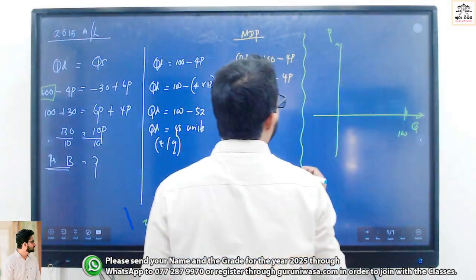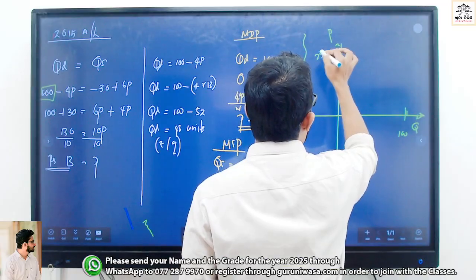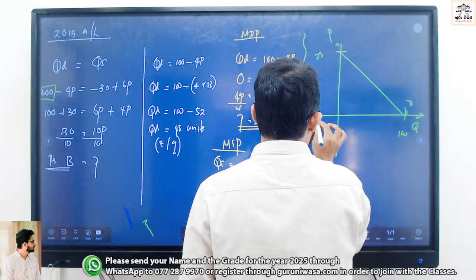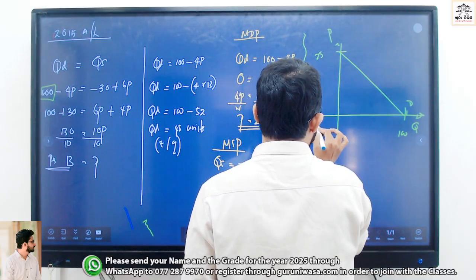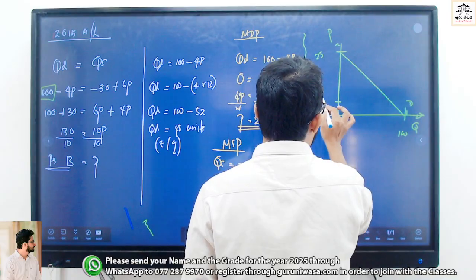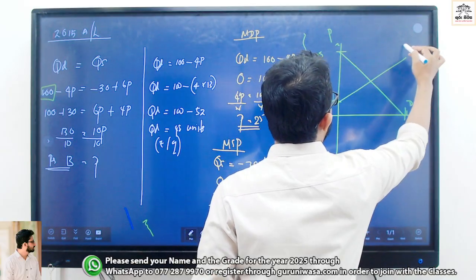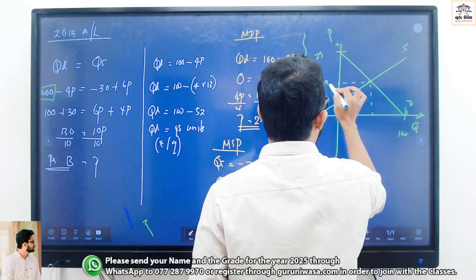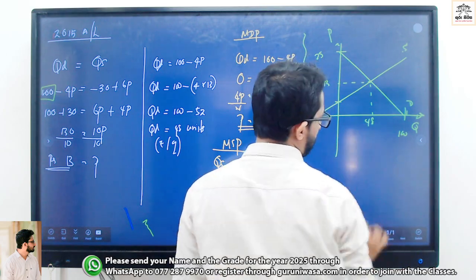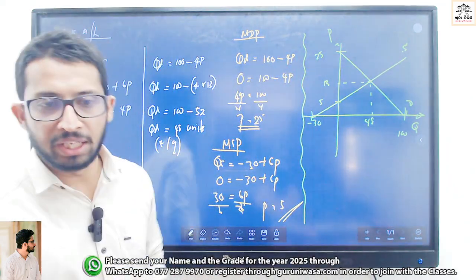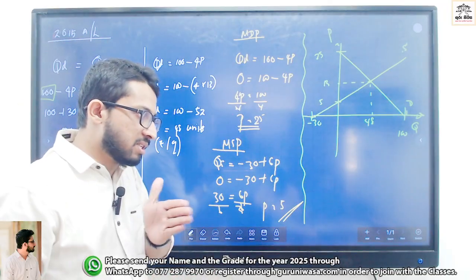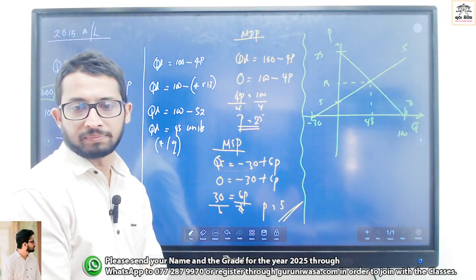And the maximum demand price is 25; this is your demand curve. The intercept of the supply equation is minus 30, and the minimum supply price is 5. This is your supply curve. Your equilibrium price is 13 rupees and quantity 48. Now you know the limitations and maximum and minimum, so now you can decide the scale.